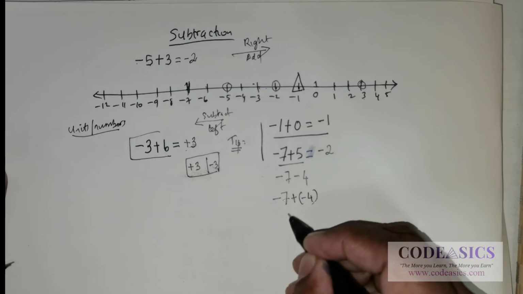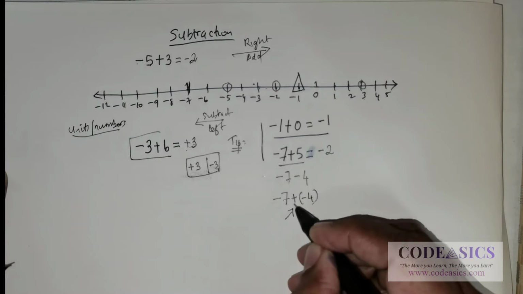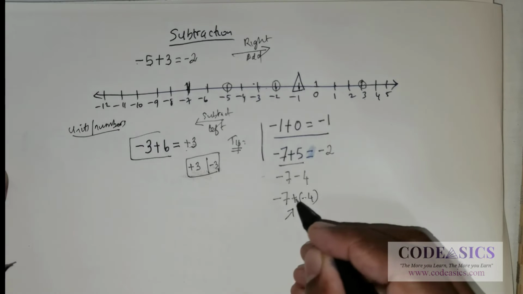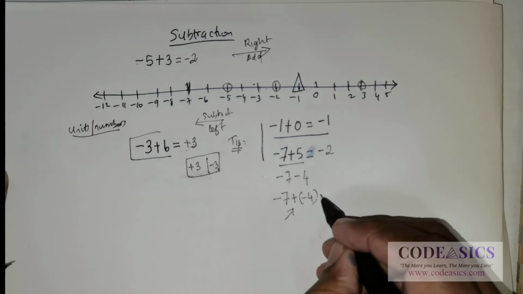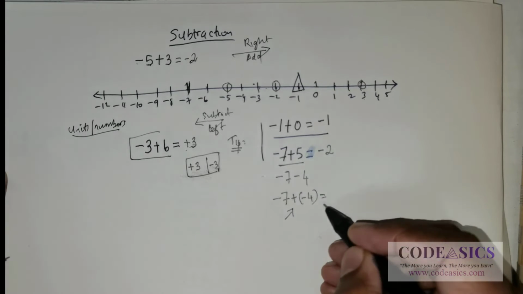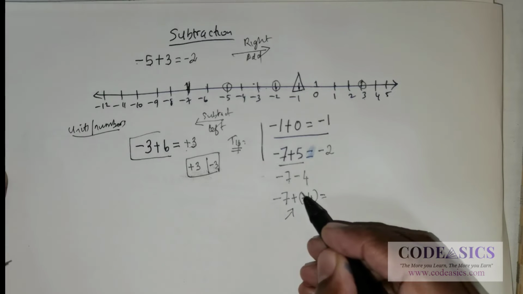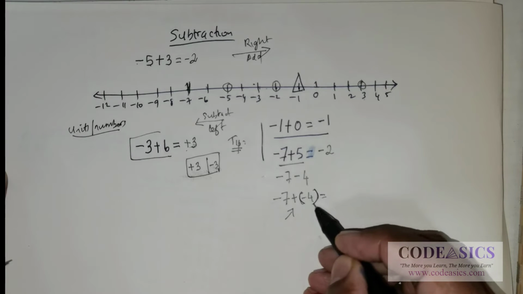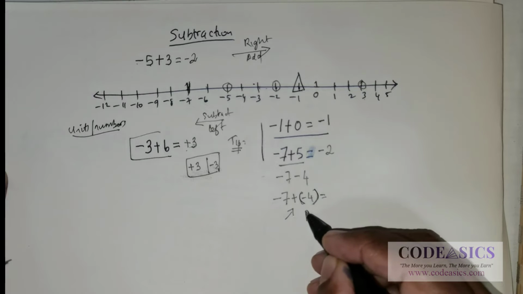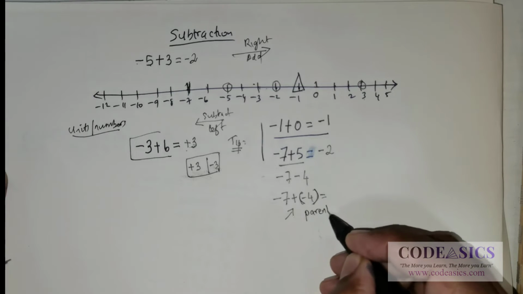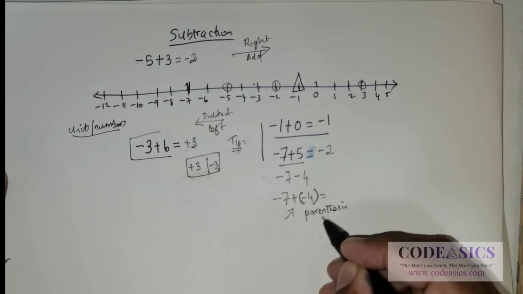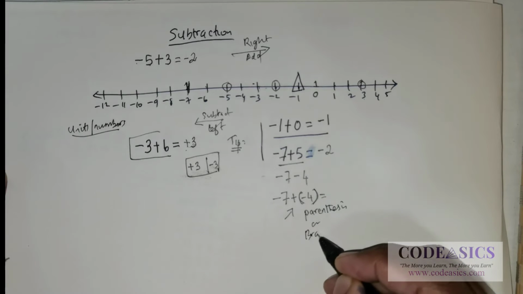You see that there is a presence of the addition sign over here. This is actually possible and it's acceptable. Why is it acceptable? Because I have placed a bracket. You can call it a bracket or you can call it a parenthesis.